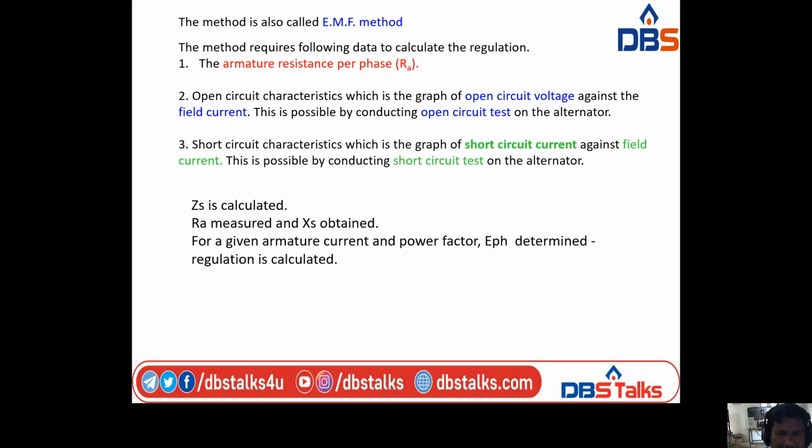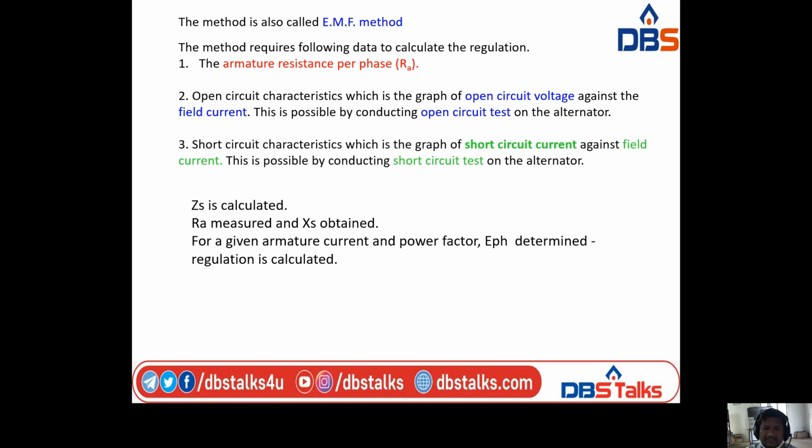First of all, armature resistance per phase RA and the open circuit characteristics, which is the graph of open circuit voltage against field current. From this, the open circuit test on the alternator will be conducted. Then the short circuit characteristic is drawn between short circuit current and field current. By using this one, the short circuit test will be conducted.